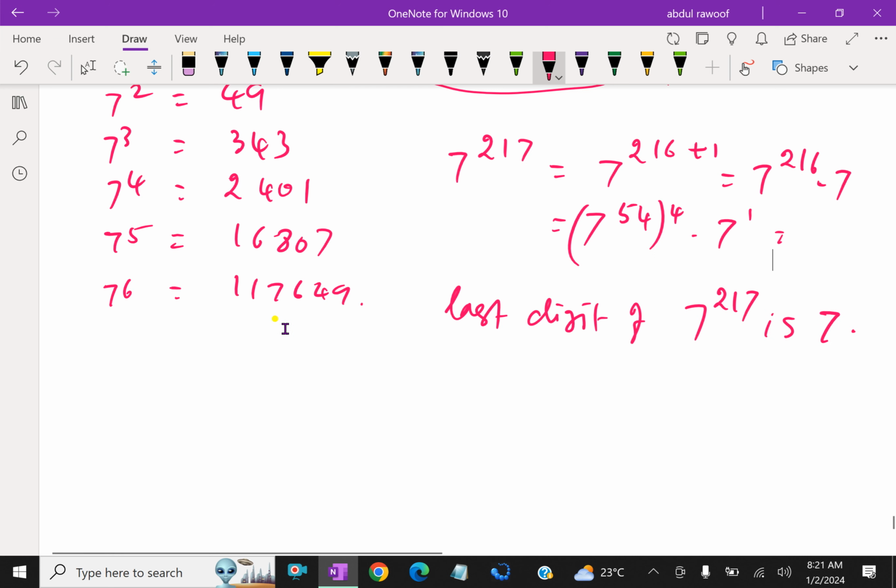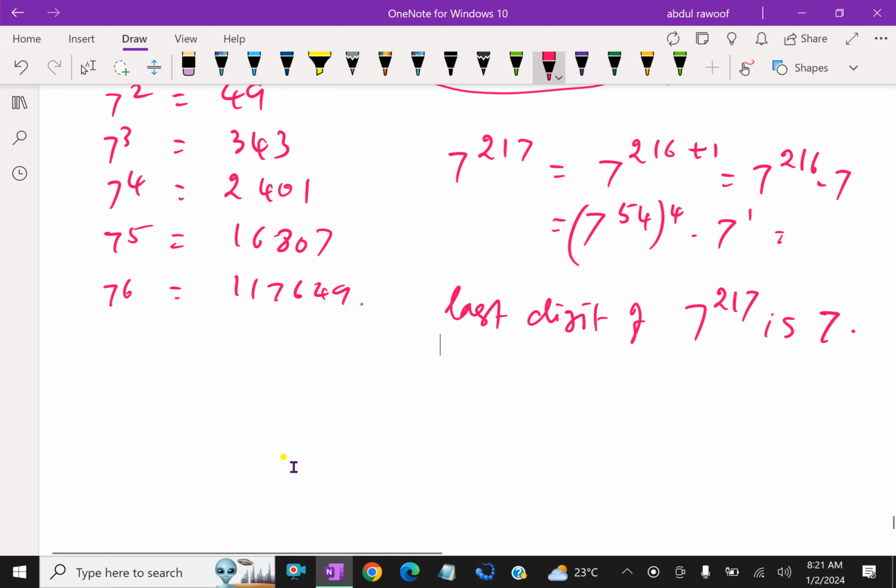That means without complete calculation, we can find the last digit. Like this, for any power of 7, we can find the last digit by using this pattern.